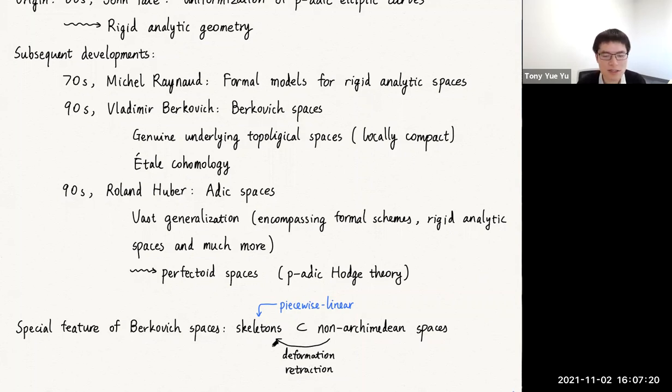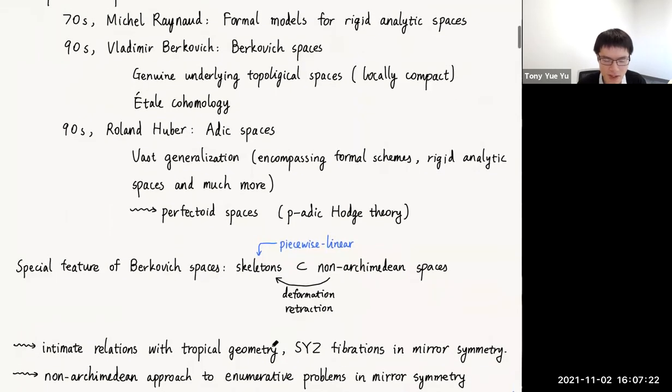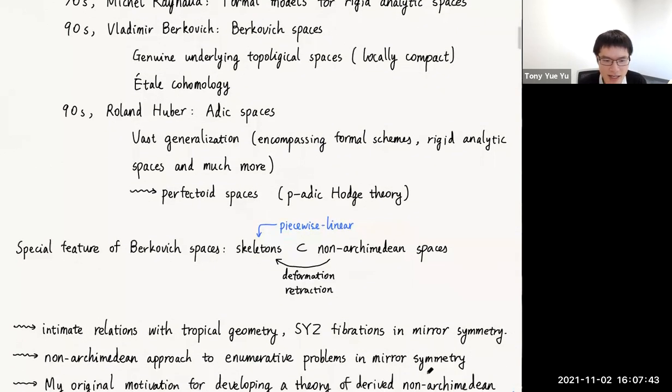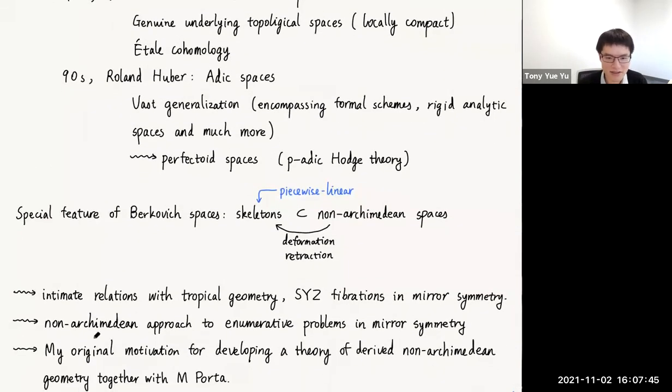Let me give a few remarks on this. This has intimate relations with tropical geometry and SYZ fibrations in mirror symmetry. It's this relation that suggests a non-Archimedean approach to enumerative problems in mirror symmetry. This non-Archimedean approach was actually my original motivation for developing a theory of derived non-Archimedean geometry together with M Porta.